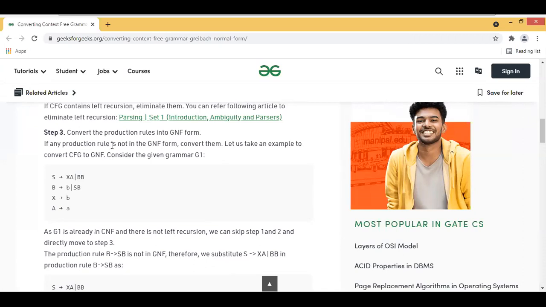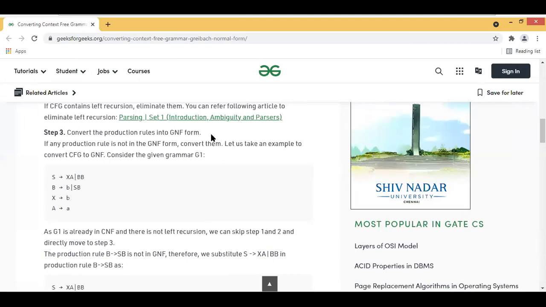Step 3 is converting the production rules into the GNF form. For the productions to be in GNF form, each rule must be either a variable tends to a terminal, or a variable tends to a terminal followed by any number of variables.